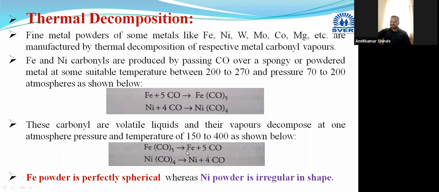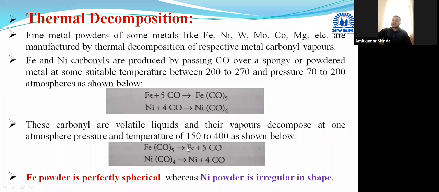These Fe powder particles are separated, and this carbon monoxide will be circulated again, and it will combine with iron to form its respective iron carbonyl or metal carbonyl, and again it decomposes at the given temperature conditions to form iron.